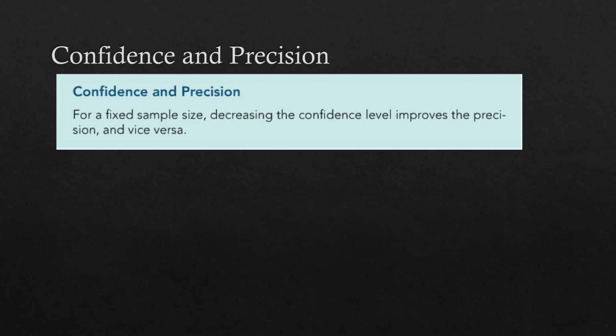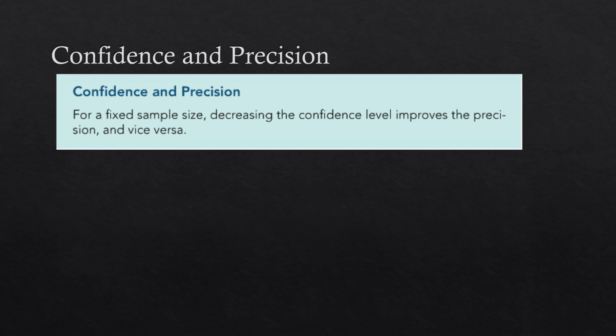So if we settle for less confidence that mu lies in our confidence interval, we get a shorter interval, essentially. However, if we want more confidence that mu lies in our interval, we settle for a larger interval. So decreasing the confidence level improves your precision.